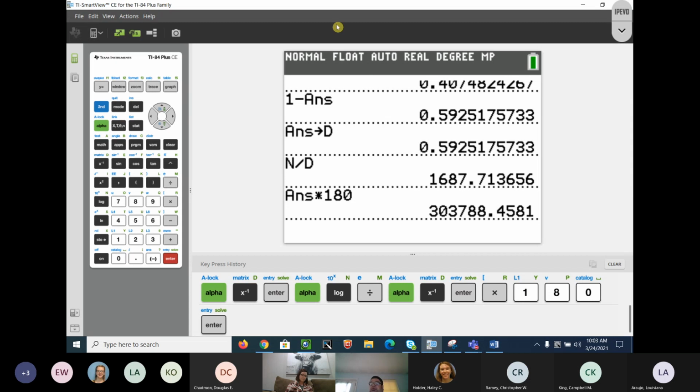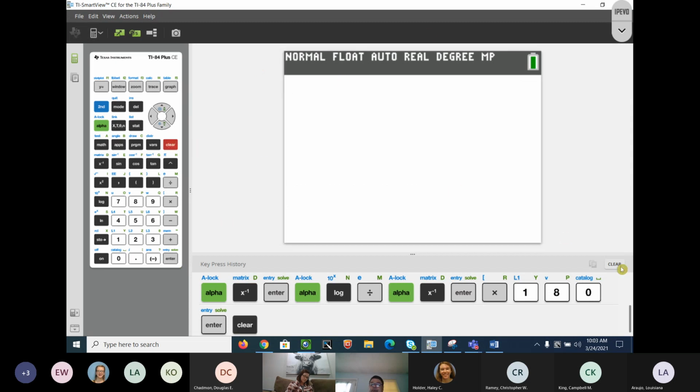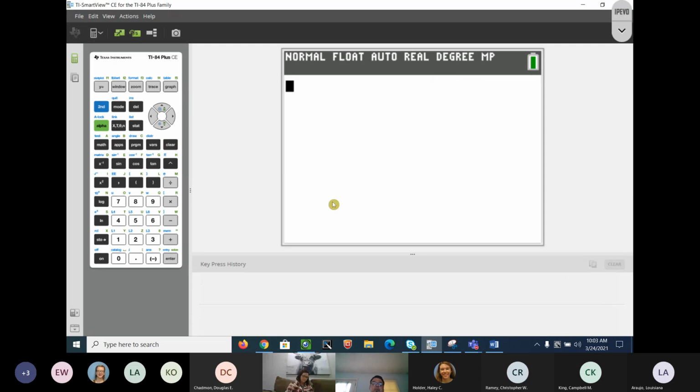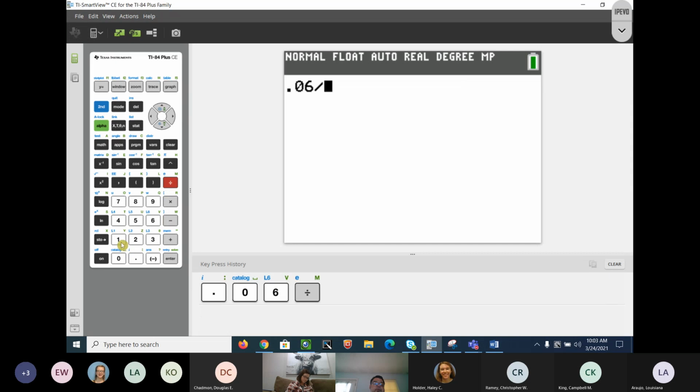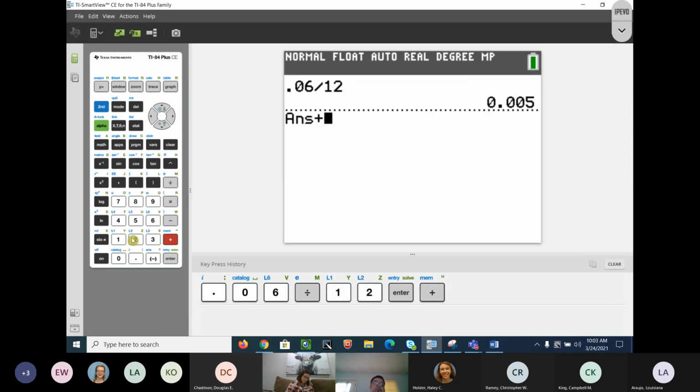Now let's do 30 years. So I'm just going to change the denominator. So I'm going to clear this and then clear. There we go. I'm going to do 0.06 divided by 12 plus 1. After a while, you can pretty much memorize this.